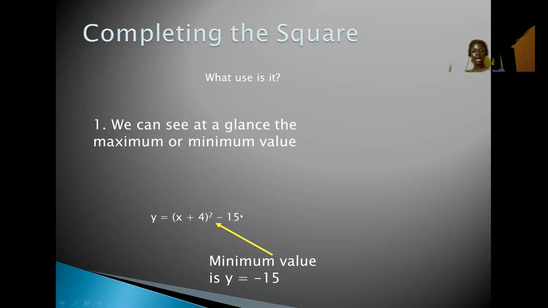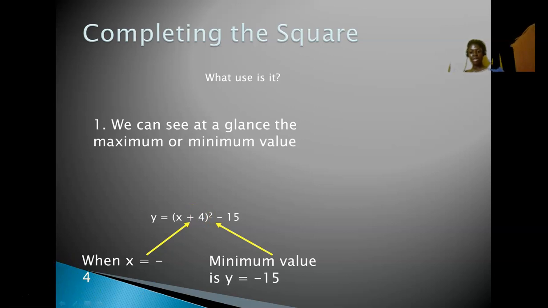So I said that the minimum value is the k, and k is also represented by the letter y, the minimum value. So in this case, the minimum value would be negative 15. And then we can actually say the value of x for which the graph is minimum is negative 4, and that is taken from this part.